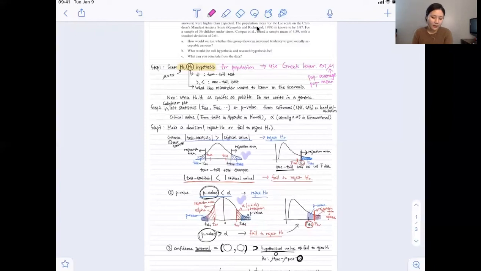In the hypothesis, we cannot use significantly. So here we do not use significant.